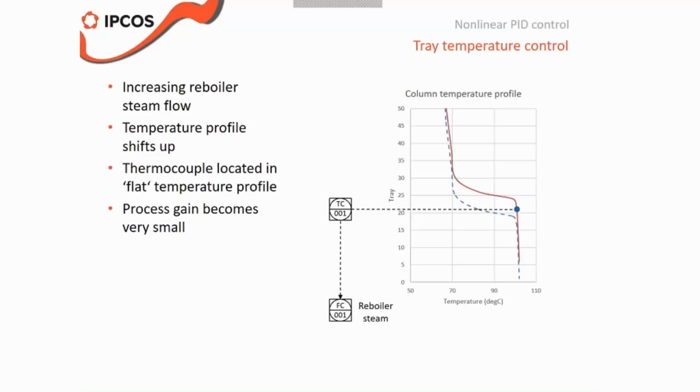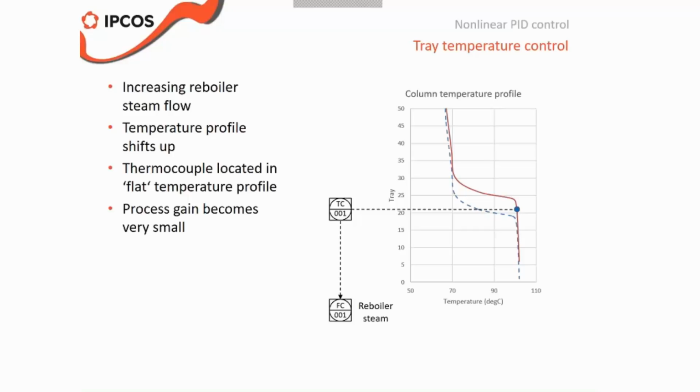If I ask the operator to increase reboiler steam a bit, then you will see that the whole temperature profile starts to shift up. And if you're looking at a trend on the DCS while you're doing that, you will see the temperature starts to go up and increases, and you ask yourself the question, will it ever stop? Well, what's the explanation for that? Like I said, the heat balance of these columns is very important.